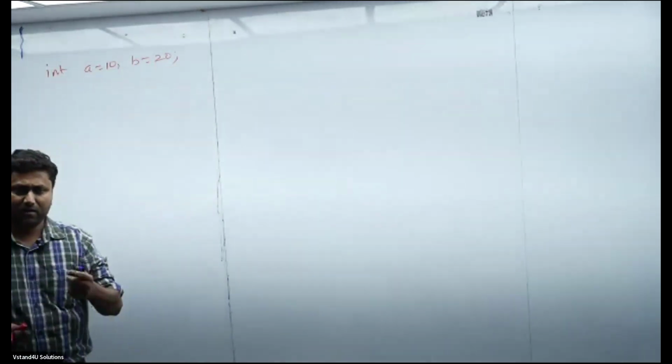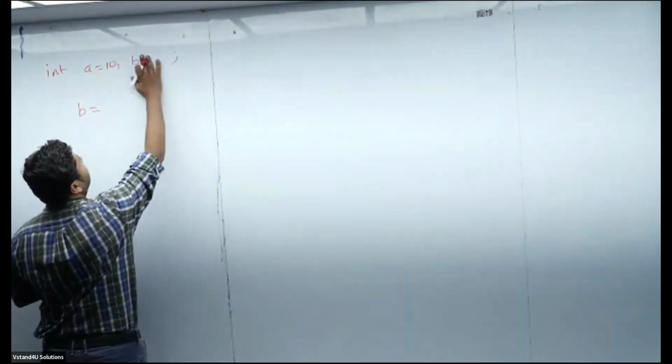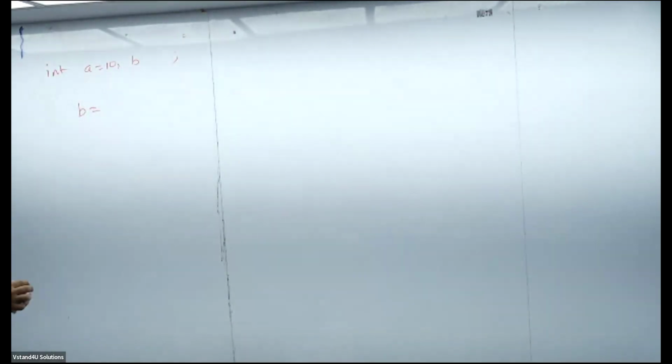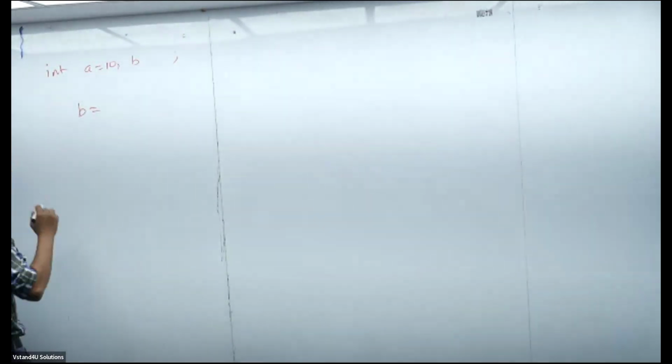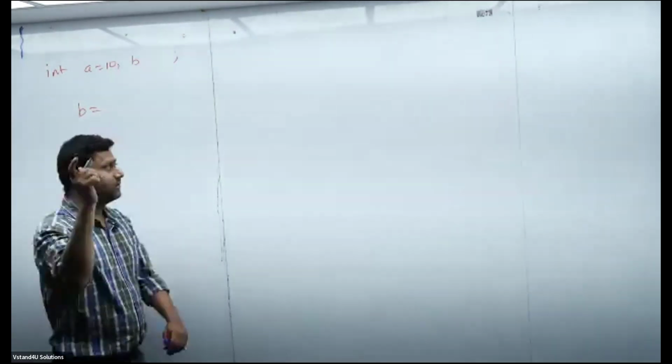Forget about 20. B is not the value as of now. B equal to, look at the question. You need to tell me the answer if you can attempt. If you cannot attempt, then we will learn. Read with me.